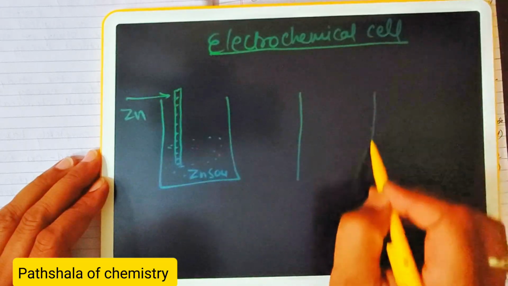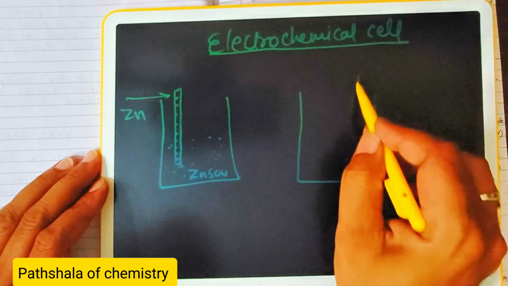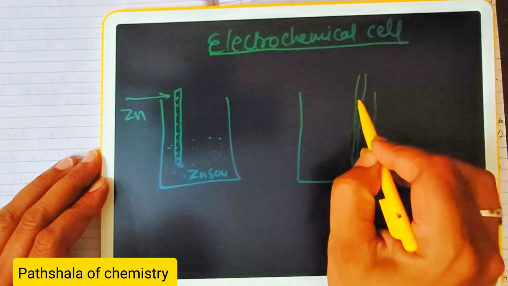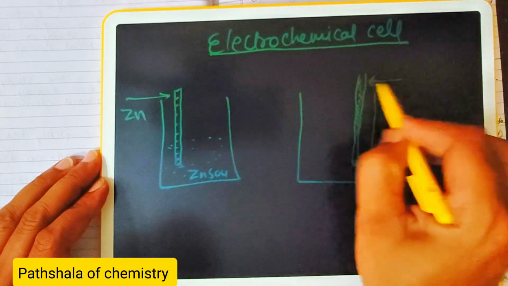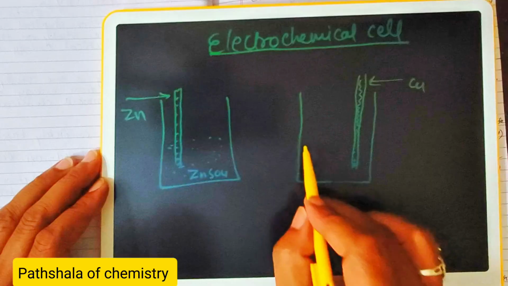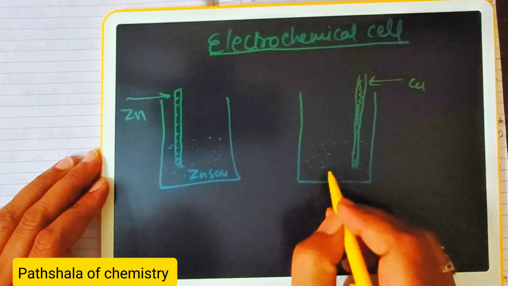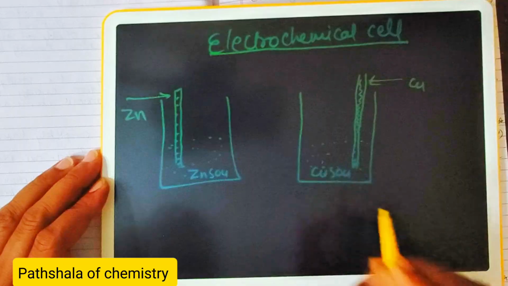In the second part, a copper rod, meaning copper electrode, dipped into copper sulfate solution.